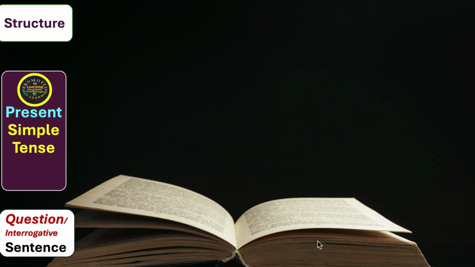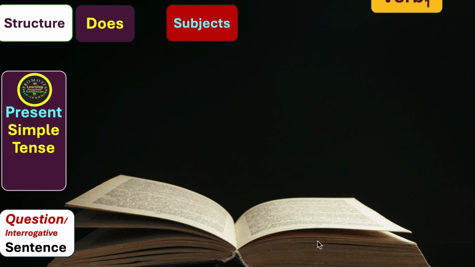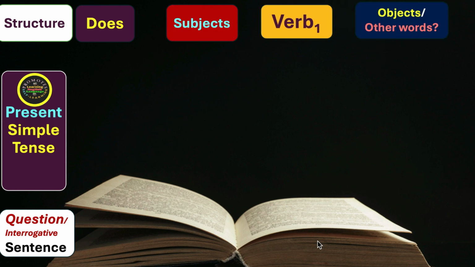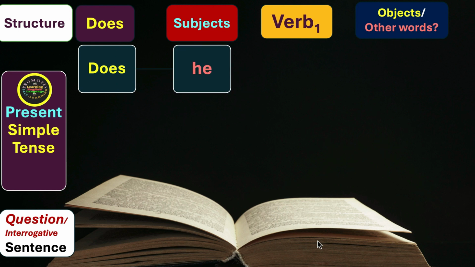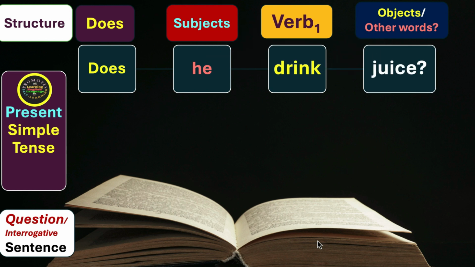We continue our discussion. A structure of present simple tense in the interrogative form of sentence, what we call question as well. In the question form of present simple, first we use does in this rule. Then we have the subject, the verb in the first form, and we have objects and other words. See how it constructs a sentence? Does comes before the subject he, and then we have the first form of the verb drink, and we have the object juice.